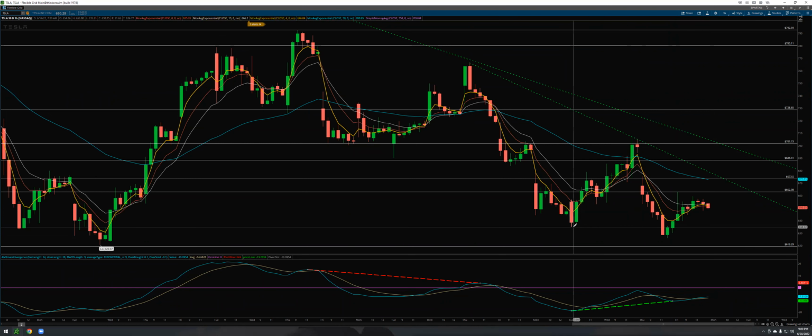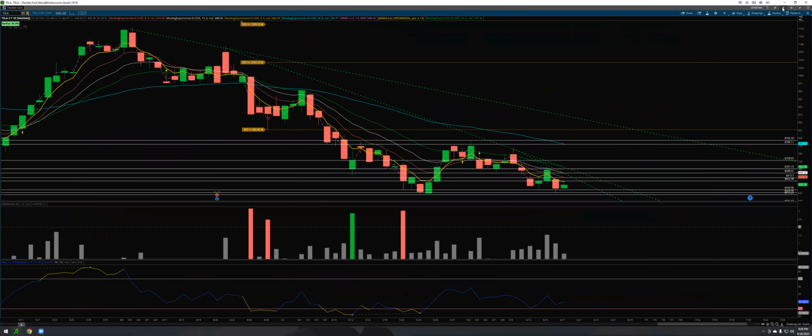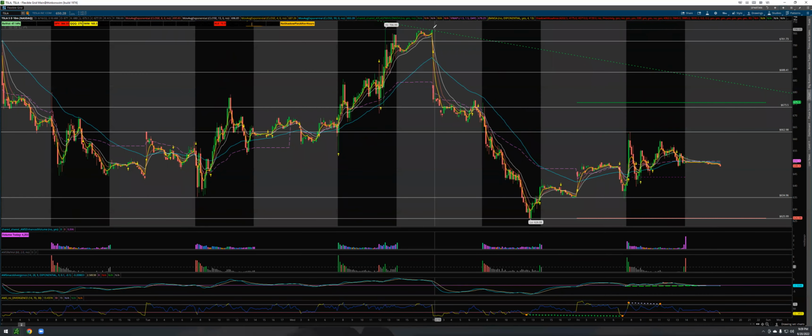So we have this valley here and this one here. Okay, so we're good to go. On the daily, we have another trend here, the trend that we have. So we already have a trend on the hourly. Now we're going to do our 10-minute trend, which is here.